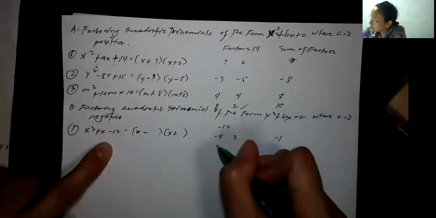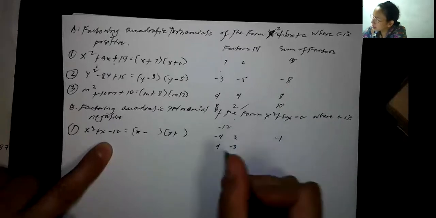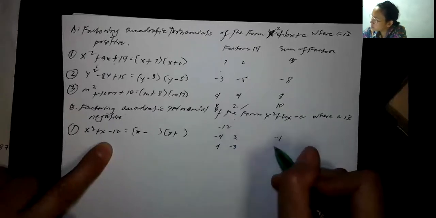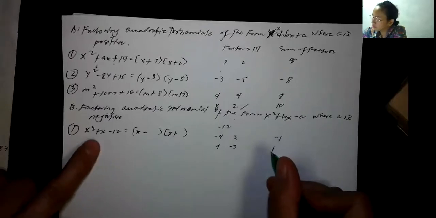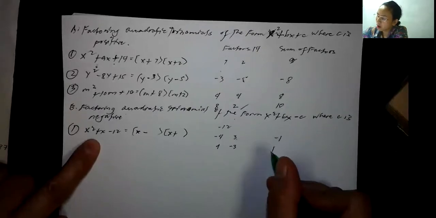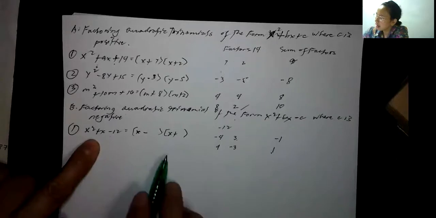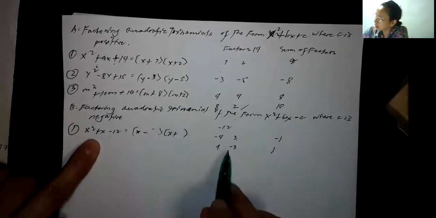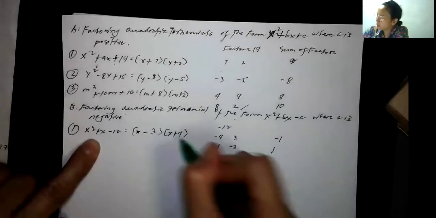So we can write here also positive 4 and negative 3. It gives us a sum of positive 1. So positive 1 is the middle term for this expression. So the factor of x squared plus x minus 12 is x minus 3 and then x plus 4.